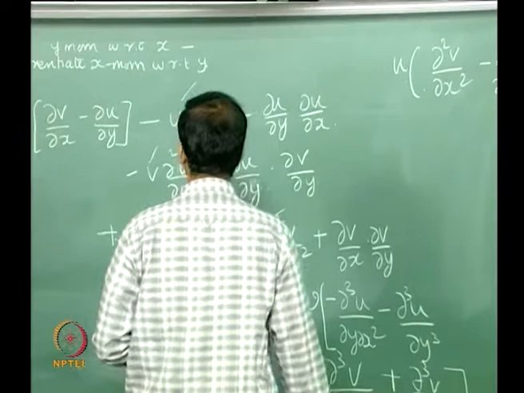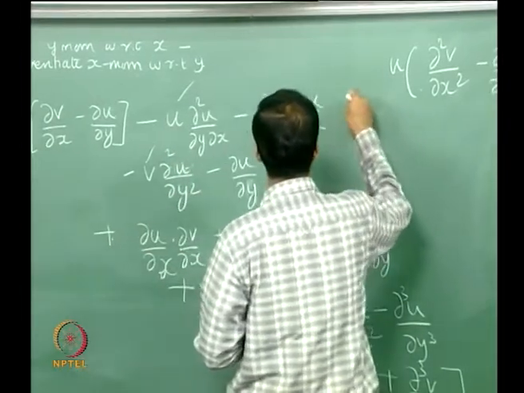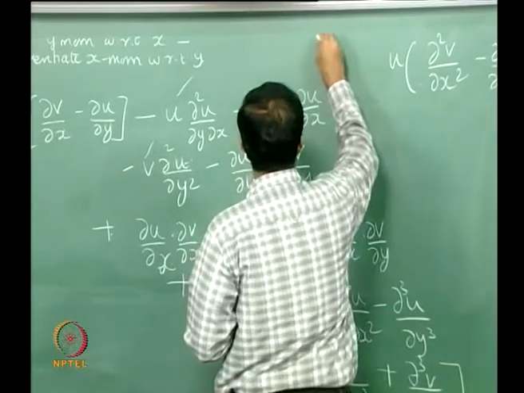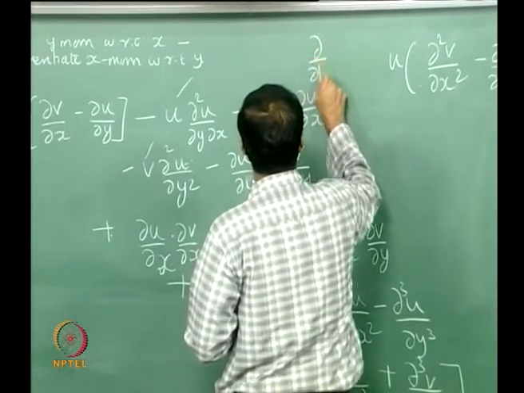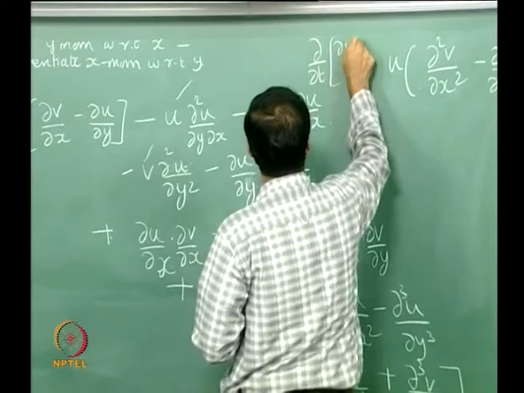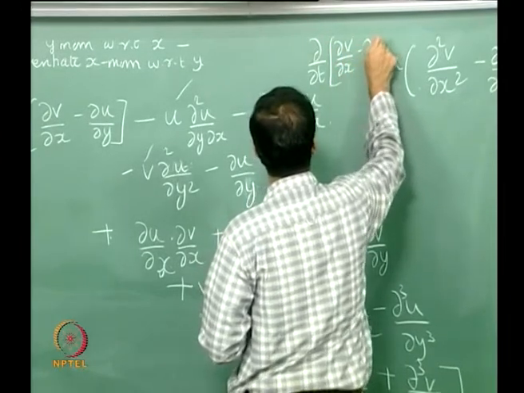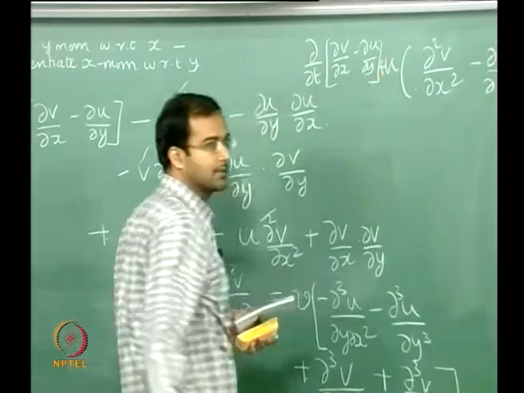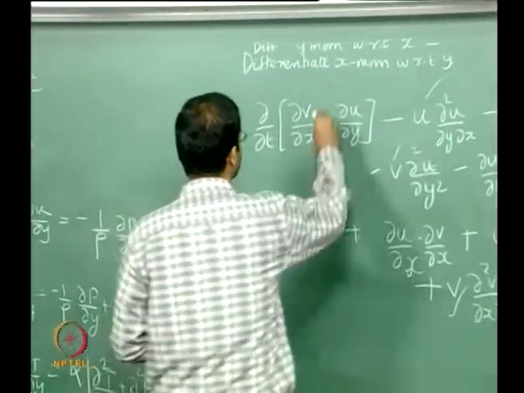Okay, so 4 terms we have taken care of, and before that, I am going to add the temporal derivative term. So that is d by dt of dv by dx minus du by dy, plus these terms, right. So this term is also taken care of.